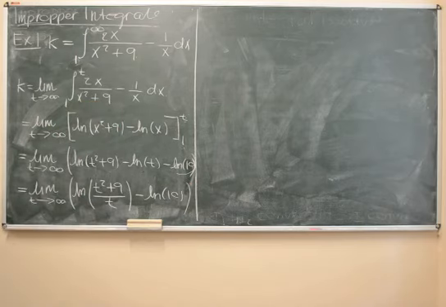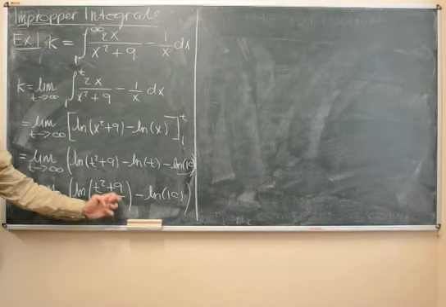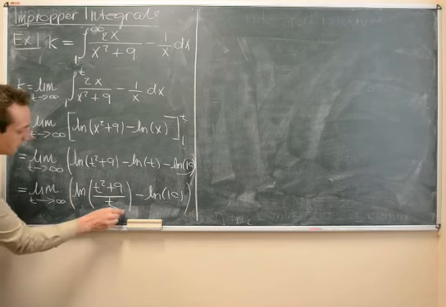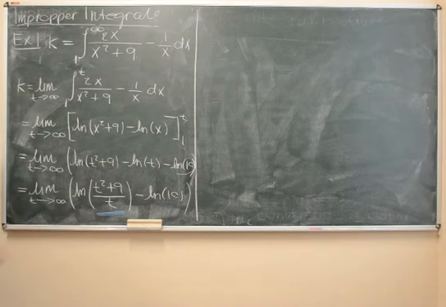Now to determine what happens to this term, we have to figure out what's going to happen to (t squared plus 9) over t as t goes to infinity.